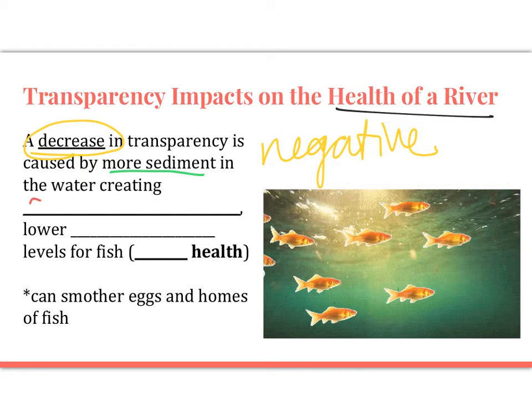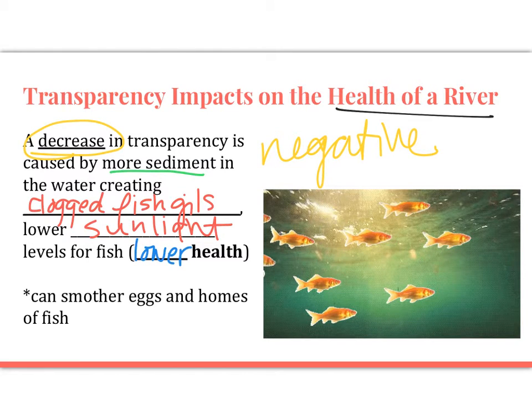It creates clogged fish gills. Essentially, the same as if we were breathing in smoky air, they're breathing in dirty water, causing an impact to their respiration. We also see a lower amount of sunlight, not only for fish, but also for plants. And so this lowers the health of the river when we have a lower transparency.